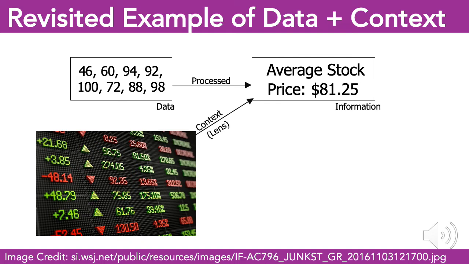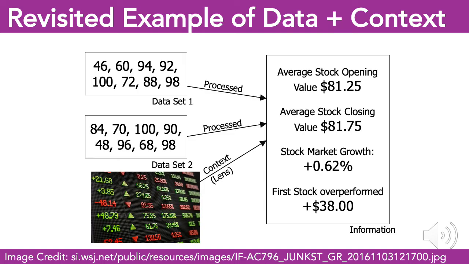And if I add even more data, right, and if I add a second set of data to this, I can derive even more detailed and additional pieces of information. So in data set 1, I'm going to say that the context is representations of stocks at the opening of the day.